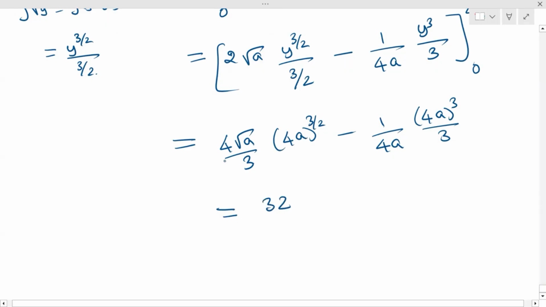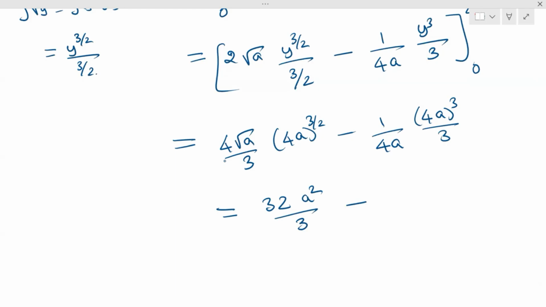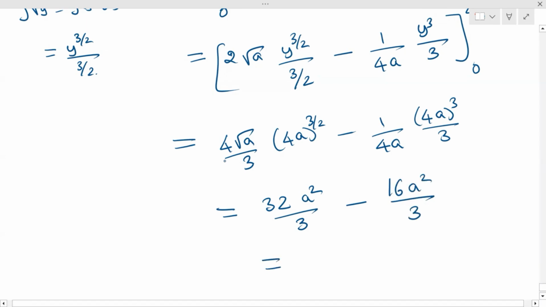Root a into a power 3 by 2 means a square by 3. Here also 4, 4, 1, 4 get cancelled. We will get 4 square, so 16 a square by 3.